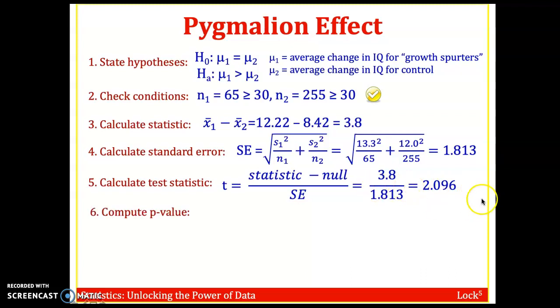All right, and compute the p-value. I have it on the slides, but if I have got my test statistic, I'm going to go back here. Before I go to that, we're going to use t with 65 minus 1, or 64 degrees of freedom. Remember, we're going to use the smaller of the two sample sizes, minus 1, and that'll be 64.